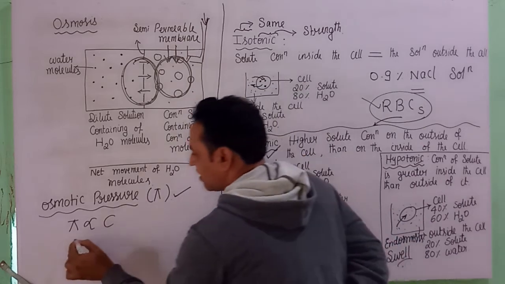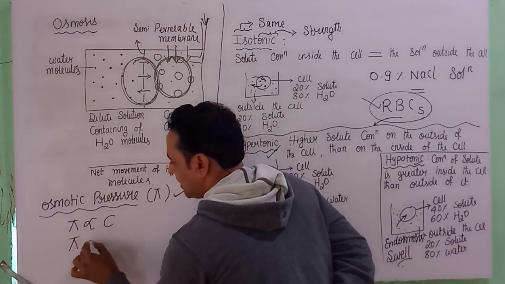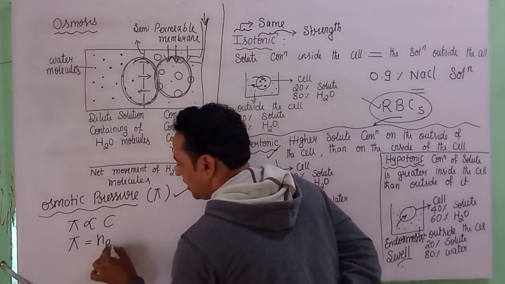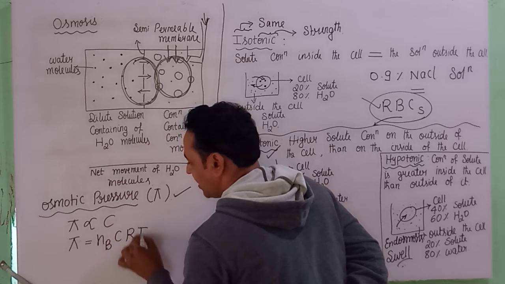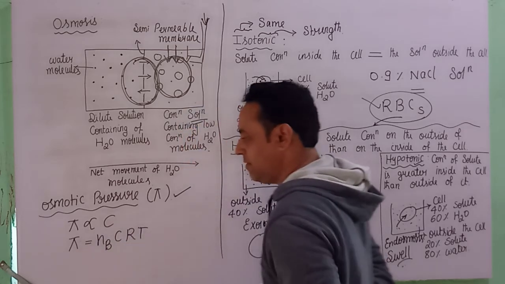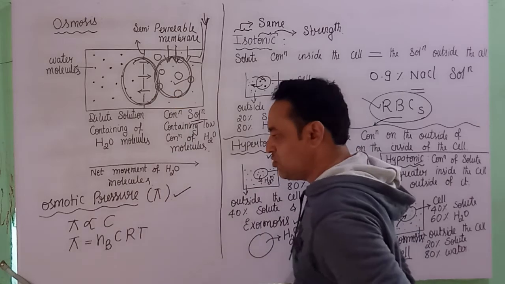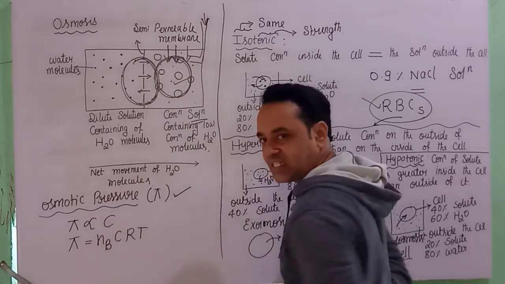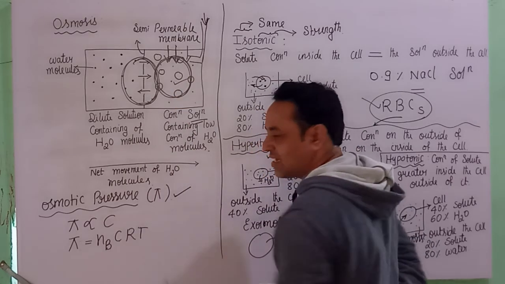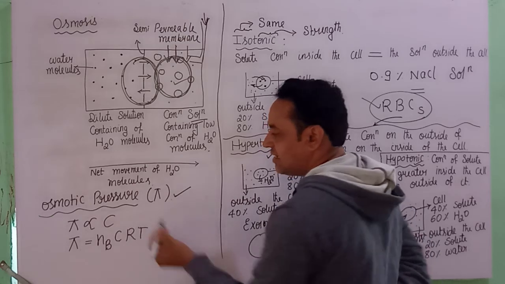So we can simplify: pi = nB C R T, where pi is the osmotic pressure, nB is the number of moles of solute dissolved in the concentrated solution, C is the concentration of the solution, R is the universal gas constant, and T is the temperature.